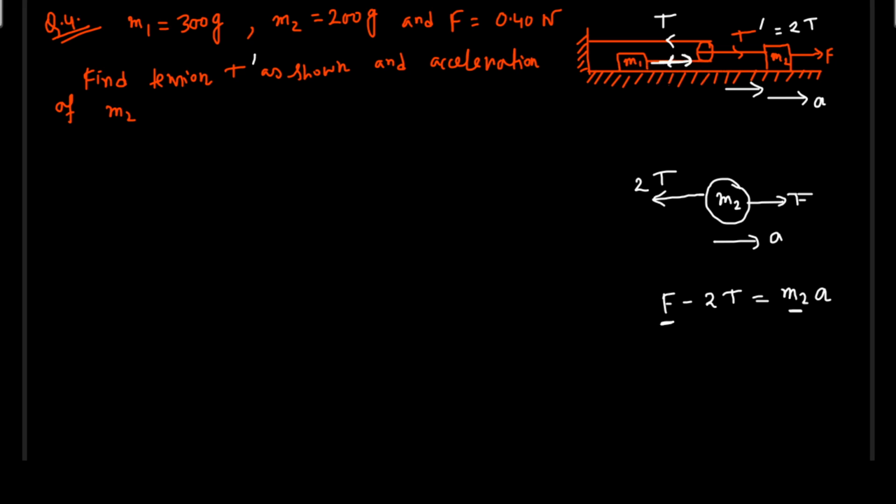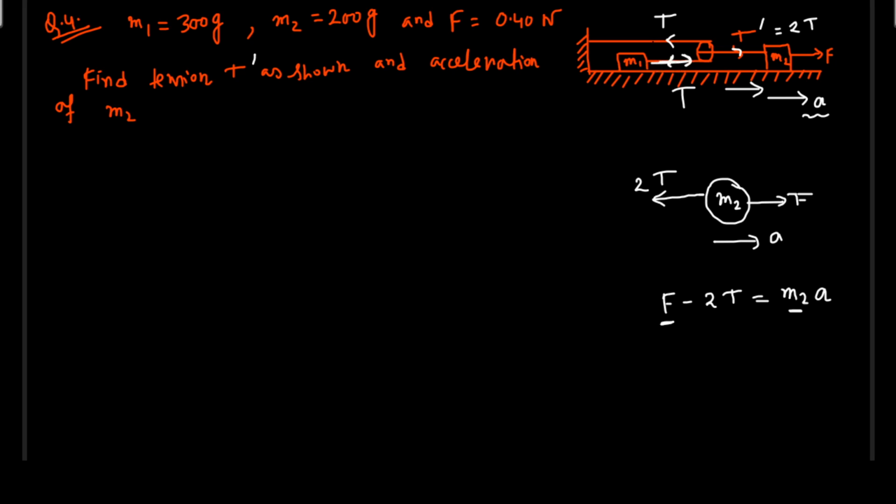So what will be the acceleration? The tension is T on this rope, but here the tension is 2T. When the tension is 2T, we have assumed the acceleration is A, so when the tension is T, we have to take the acceleration as 2A.